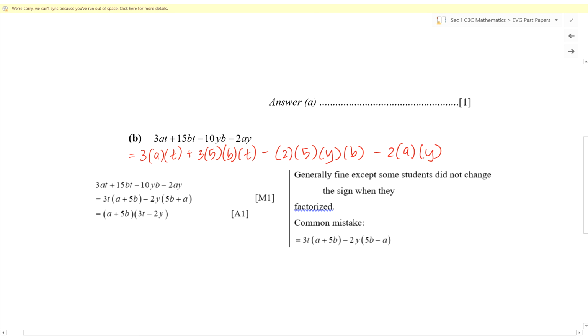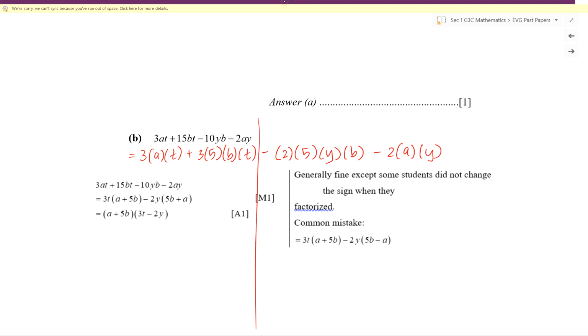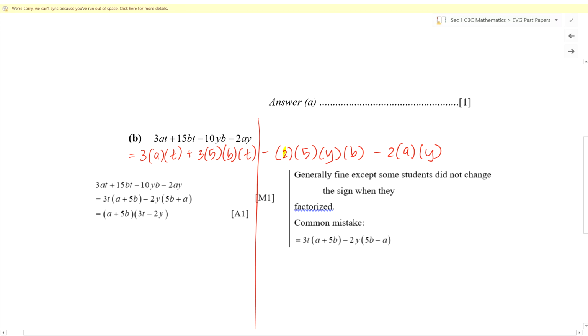So now I'm only interested in the next 2 terms, because I've already done the first 2 to give me 3t a plus 5b. Okay, so the next part, let's just focus over here. What is common? Highlight them. 2 and 2. Y and y.